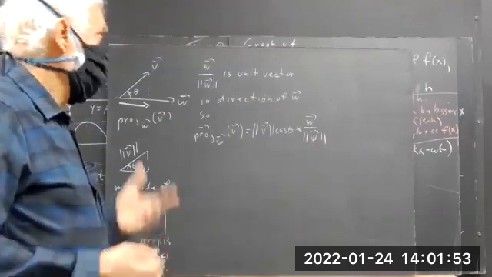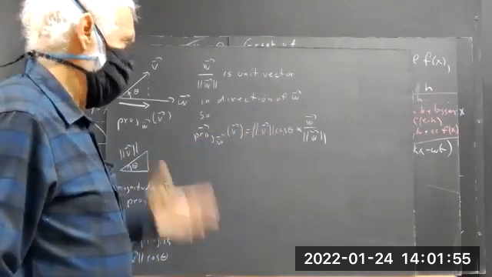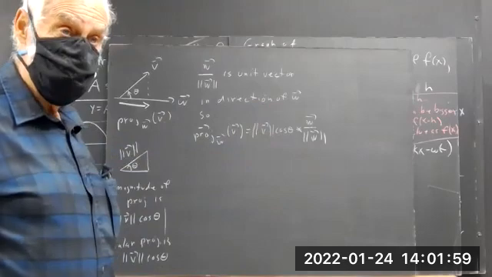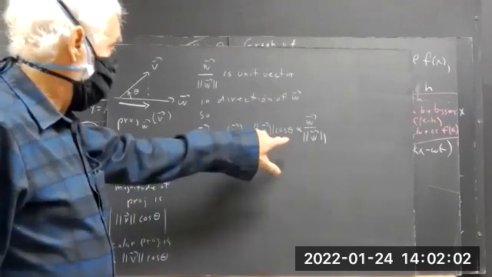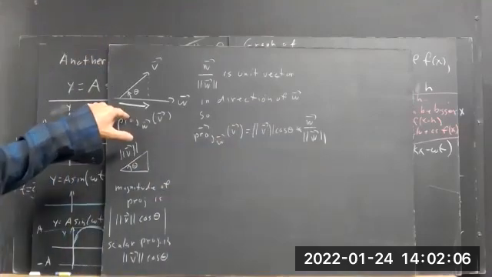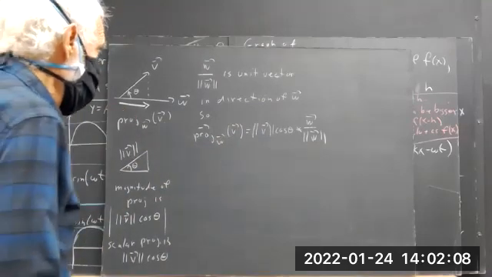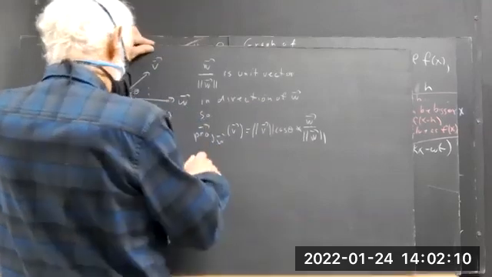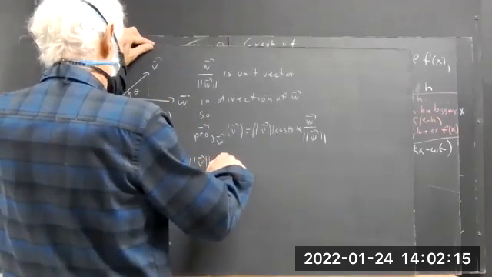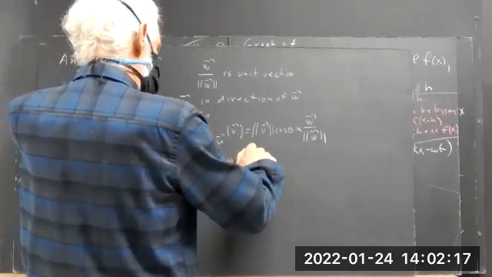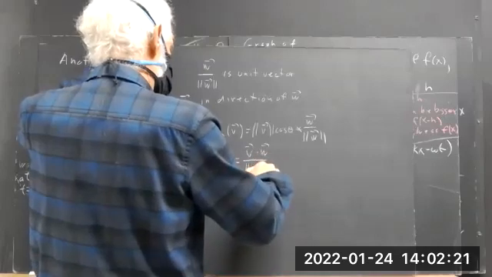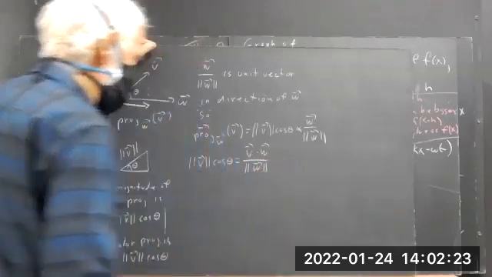Because when you multiply a unit vector by a quantity, you get a vector in the same or opposite direction, depending whether that quantity is positive or negative, whose magnitude is the magnitude of this quantity, and that's exactly what you want the projection to be. Now, magnitude of V cosine theta, this.